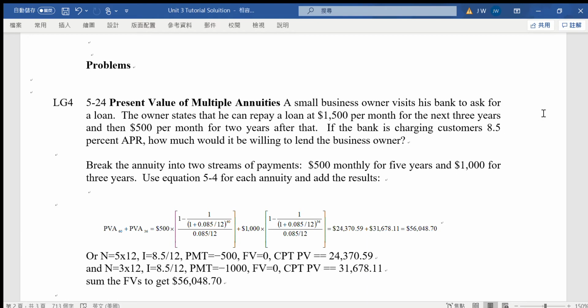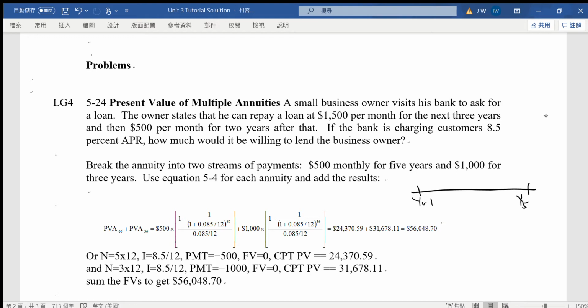Looking at that, the person will pay 1,500 per month for the first 3 years, and then 500 for the next 2 years. But be careful, that is per month. Because of that, you need to rearrange the information so that we will have 2 annuities. One will be like that, that is for 5 years, that is year 1 to year 5.